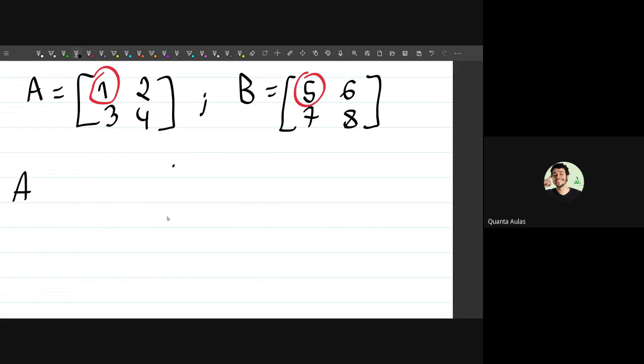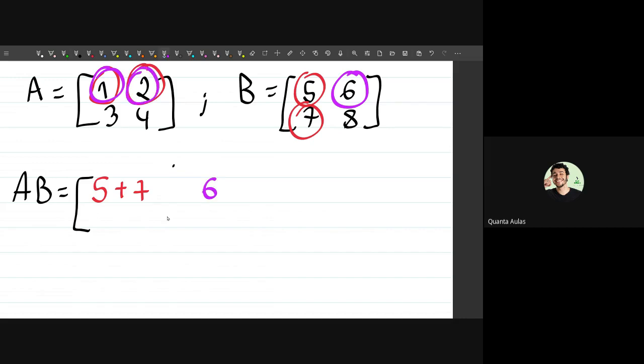First term of the first line, first term of the first row, red one. Second term, second term. Again, first line, second row. Sorry, 12 plus 2 times 8, 16. 3 times 5, 15. 4 times 7, 28.